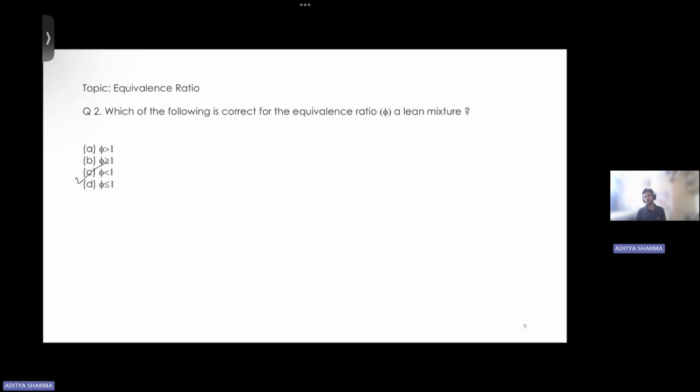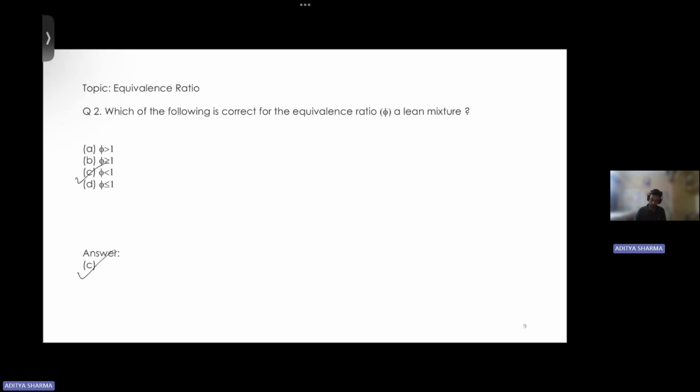So equal to 1 will only be there when the air and fuel are in stoichiometric ratios, right? In all the other cases, it will be otherwise. So C is the correct option.